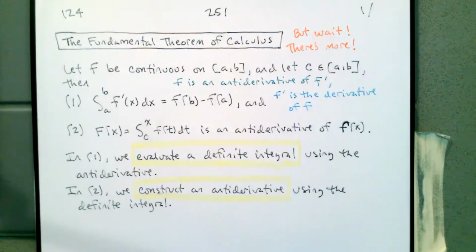Here are the pieces that we need for this to work. We need a continuous function on a closed interval, and we need just some value from that closed interval. Any value at all. Anything will do. And I keep saying closed interval because a and b need to be included, but especially for the second part, we can use the entire number line, which is not a closed interval.